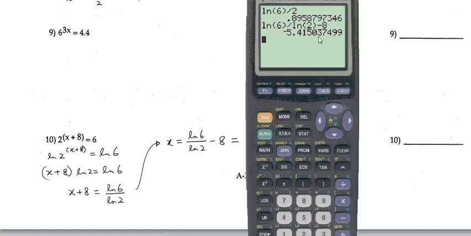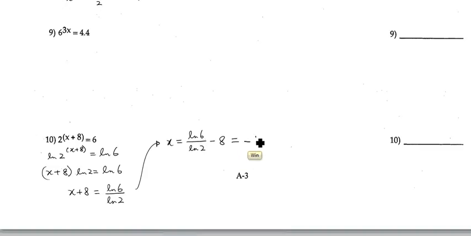Do we need to round up? No, right? So it would be negative 5.4150. All right, so far so good. Okay.